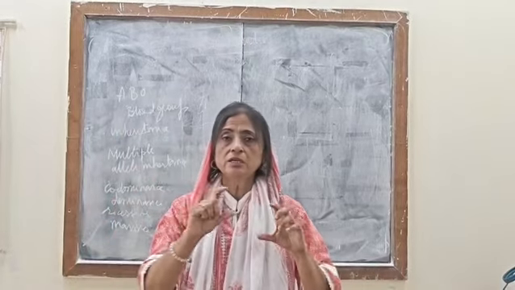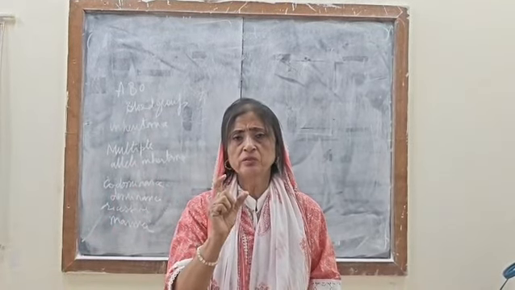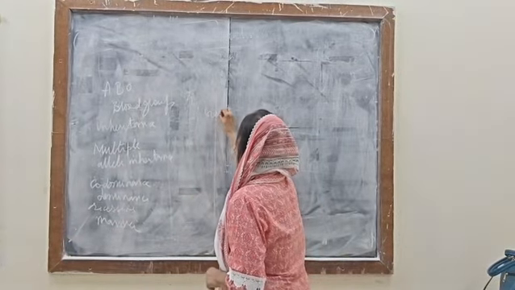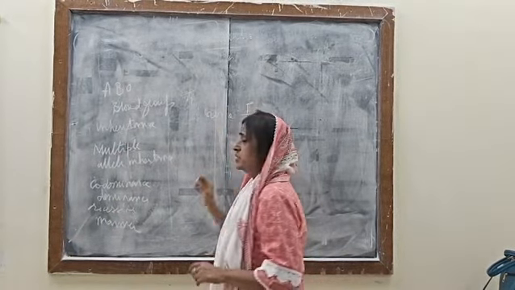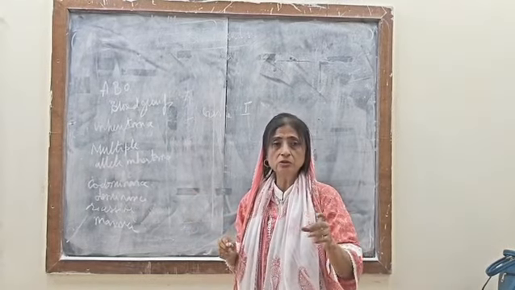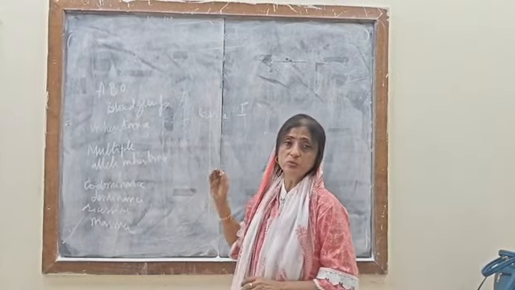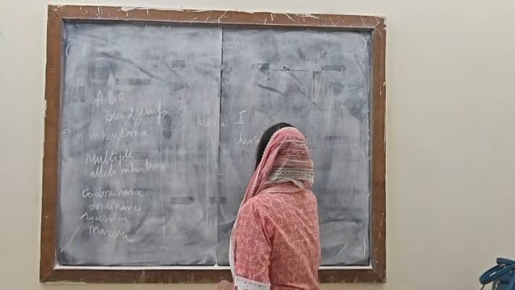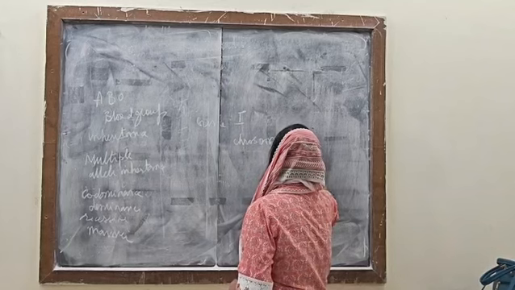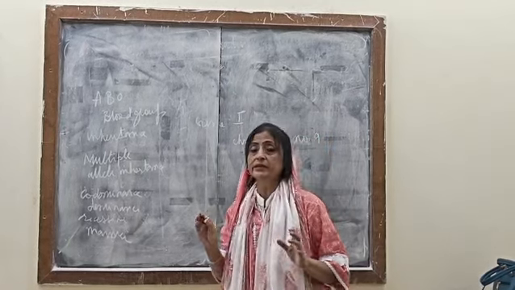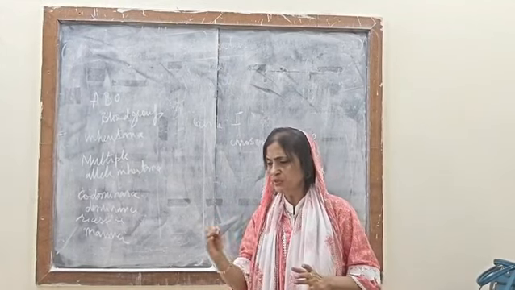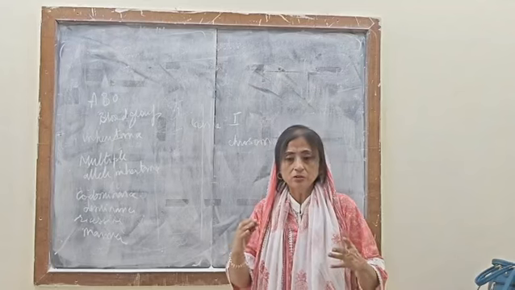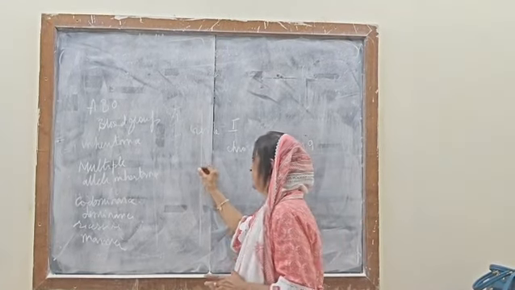Now, in humans, the blood group is controlled by a gene, gene I, which is located on chromosome number 9. This gene I has 3 versions, or 3 forms, called alleles.